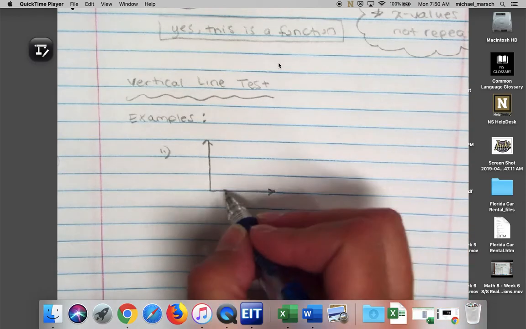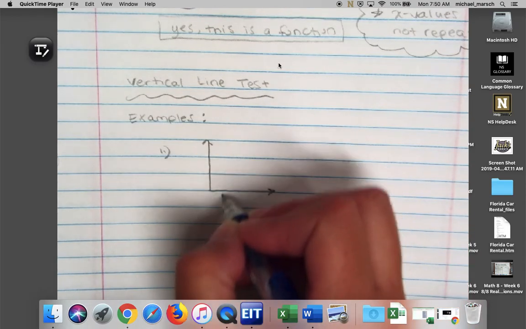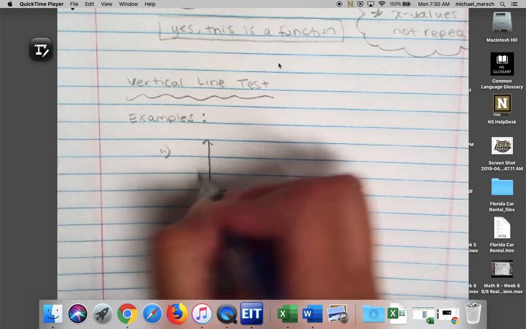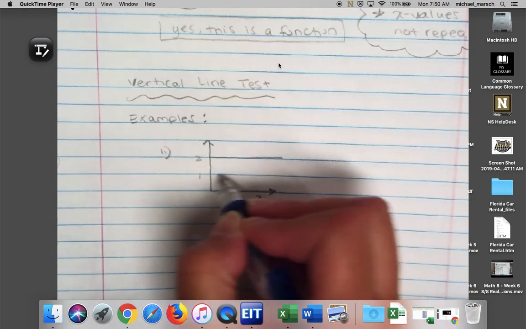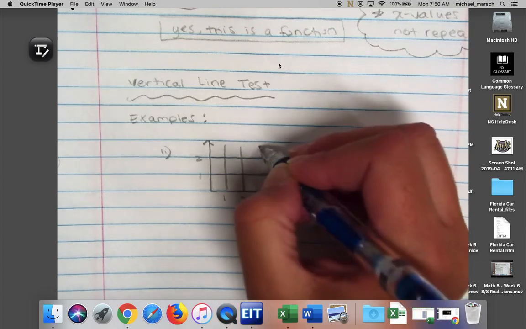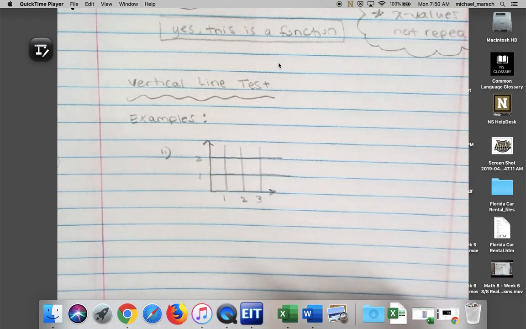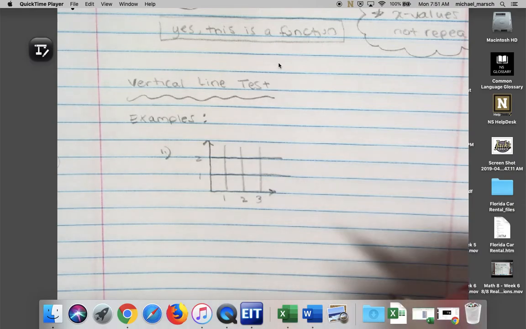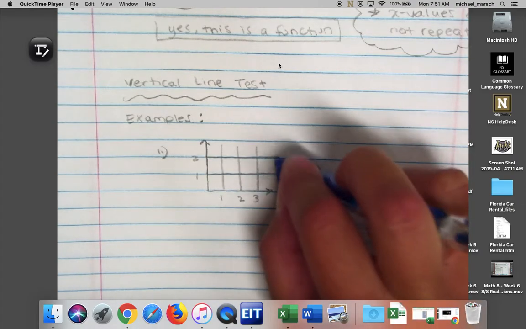Super easy, low key. Right? Nothing fancy.